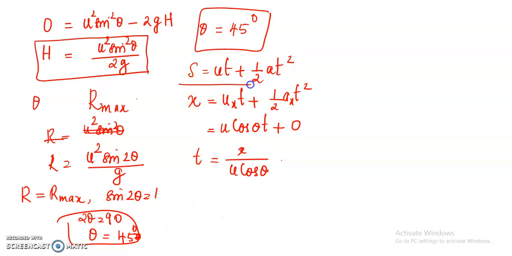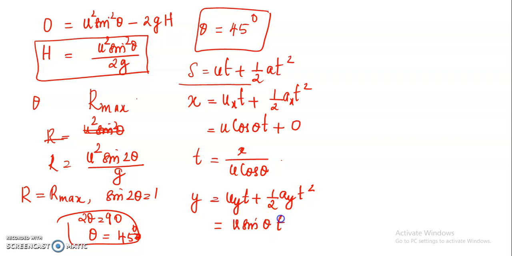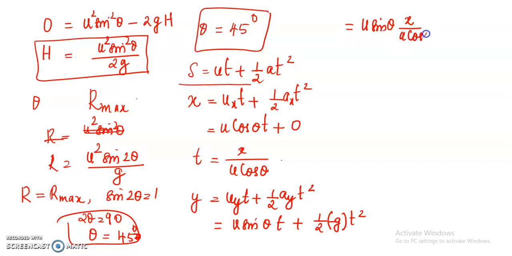Substituting for the vertical displacement, we can write y equal to uy t plus half ay t square. We know that uy is u sin theta into t plus half minus g into t square. So it is equal to u sin theta into t, where t is x by u cos theta, minus half g into x divided by u cos theta whole square.